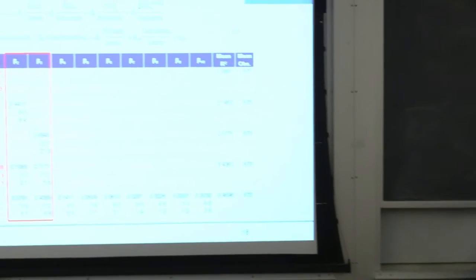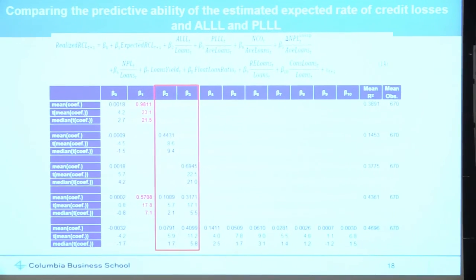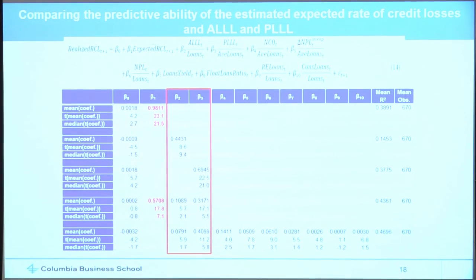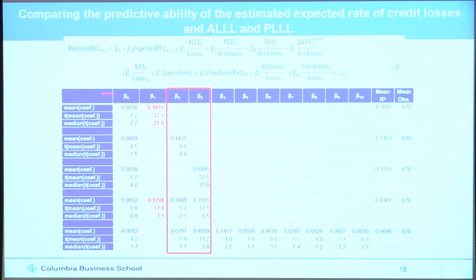The question you have to ask yourself, though, is what about the allowance or the provision for loan losses themselves? How do we do relative to that? Aren't those good predictors because those are coming from management? So that's this next set of tests. Again, what you see here is our measure by itself. The allowance does okay, not very well.